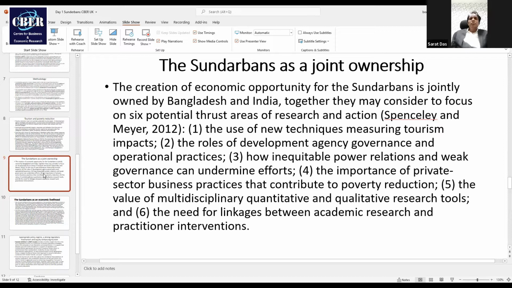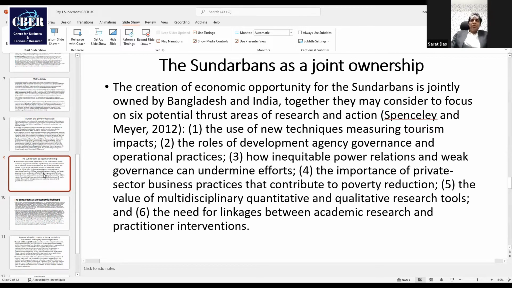So where is the Sundarban in that climate conference? I've been trying to figure it out, you see. So here, in this joint ownership, we have identified six potential thrust areas. And this is again from Pearce and Mayer, where I picked up these areas, which primarily talk about measuring these tourism impacts, and also identifying the roles of the development agency in terms of governance and their practices.